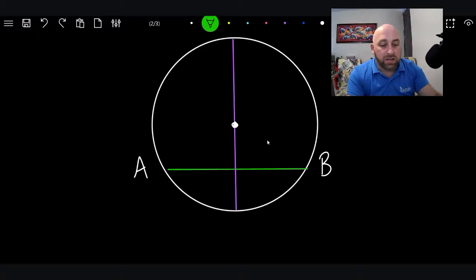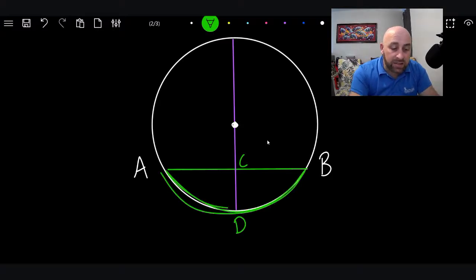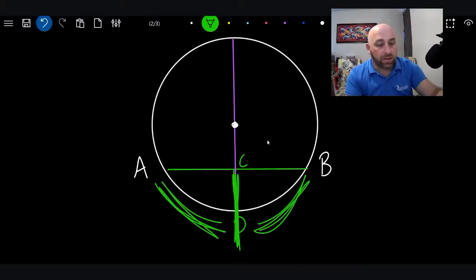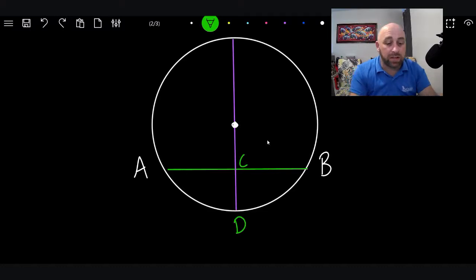What ends up happening is that it creates a bisector. So we could call this point C, we could call this point D. Notice some other things that it does. It takes arc AB and cuts it in half. So BD is one half and AD is the other half. So not only does it bisect the chord, it also bisects the arc that it's subtending.